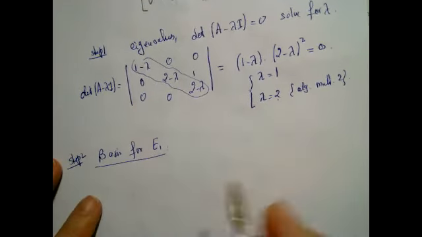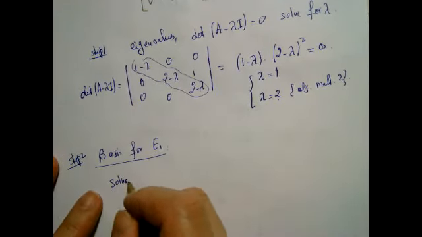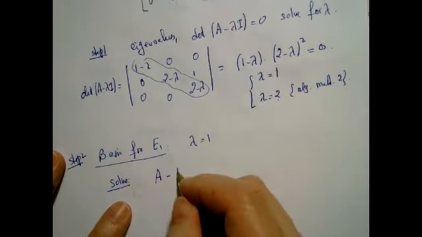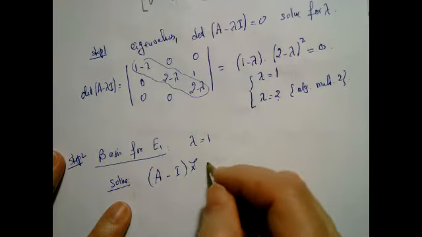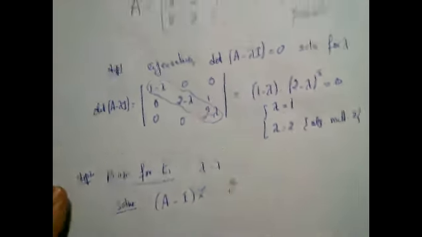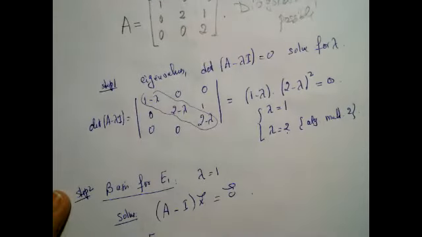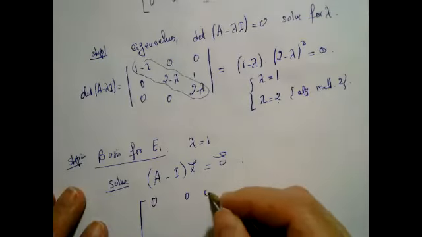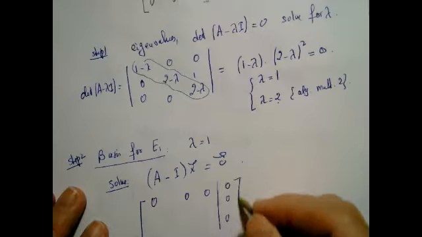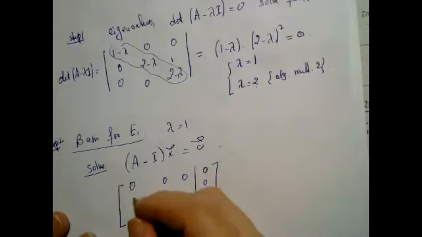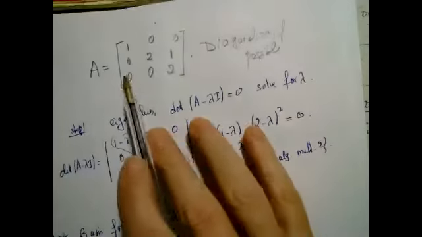And then I need to solve A minus lambda I. Here lambda is 1, so it's not negative. So I'm going to plug in 1 here and proceed. I will have 1 minus 1, this is 0. And then here I'll have 0, 1, 1. And here I'll have 0, 0, 1.